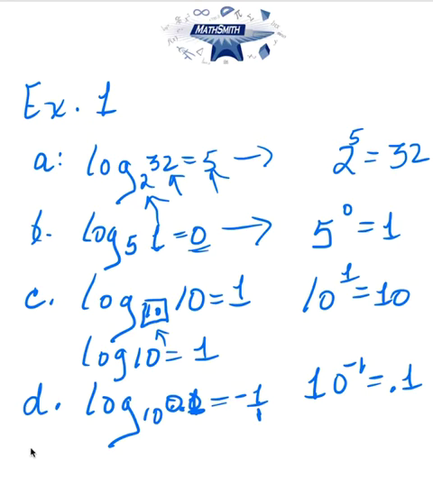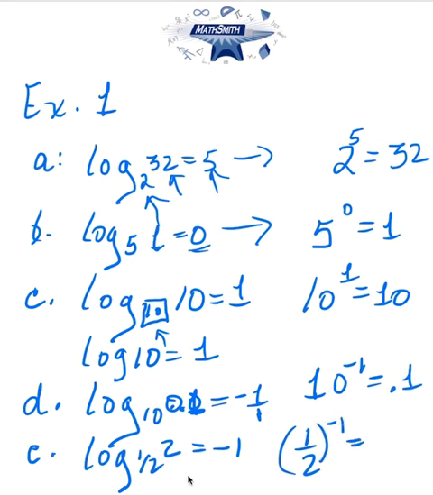And then lastly, E. My log base is 1/2, and it says of 2 equals -1. In exponential form, my base is 1/2, my exponent is -1, and that equals the argument of the log, which is 2.